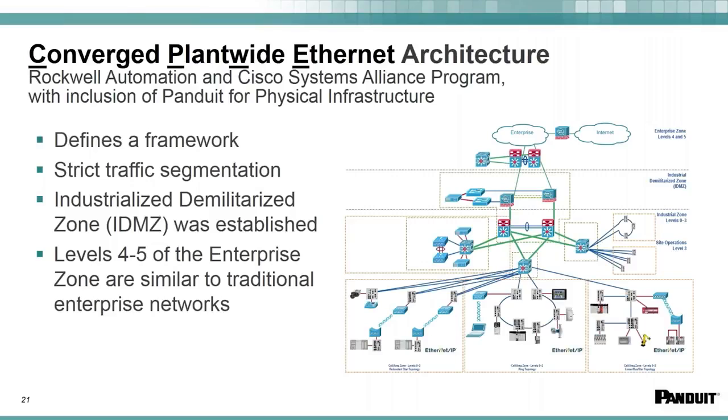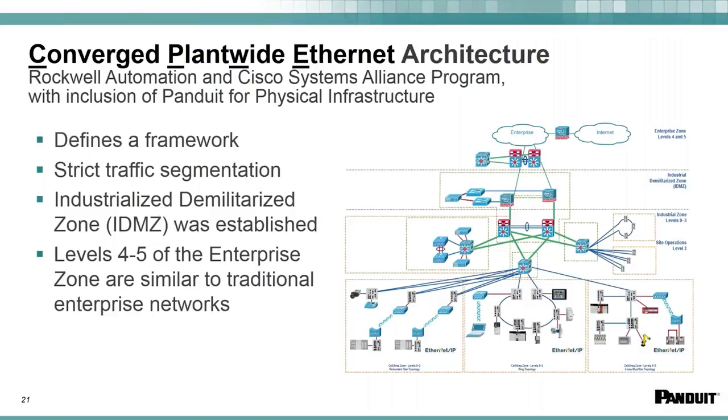The basic framework is from the Purdue model for a control hierarchy. We have different levels here going from the enterprise, then to the industrial demilitarized zone, to the industrial zone, and then to the different levels at the plant.